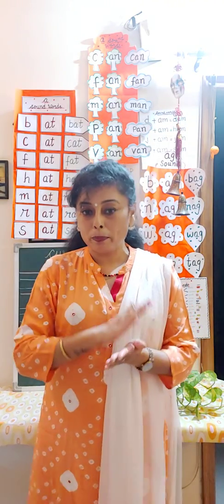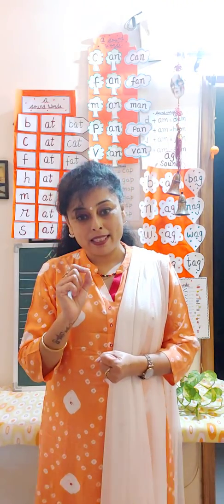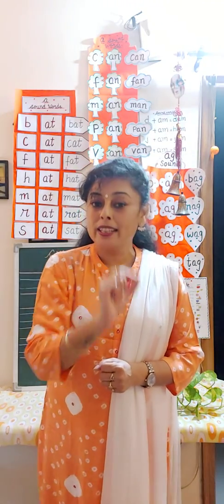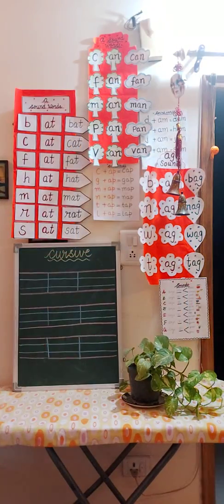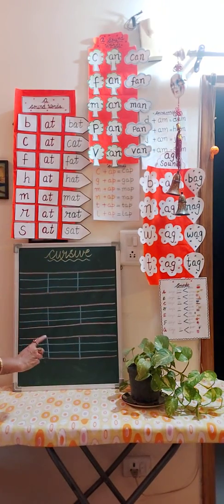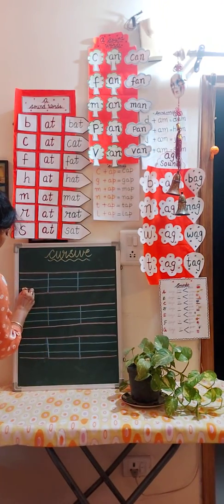So what is the first step? To open the copy, to take a pencil which is properly sharpened. Write down the date and then we'll start with the dot. So here I have drawn 4 lines and the dots are here.